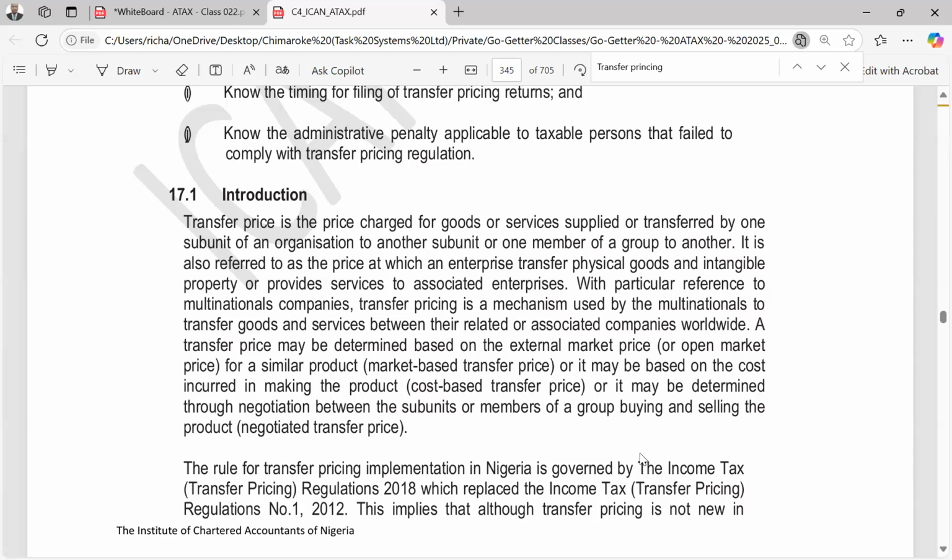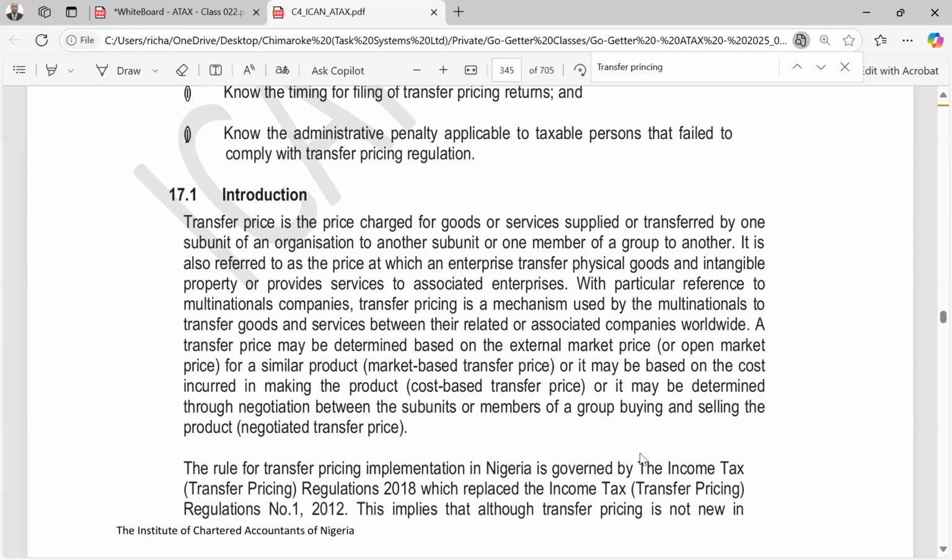And for taxation, it goes beyond local players. Transfer pricing with respect to multinational companies is a mechanism used by these multinationals to transfer goods and services between their related or associated companies worldwide.